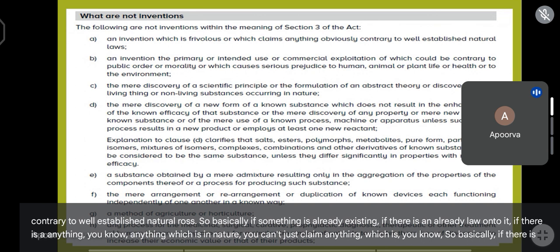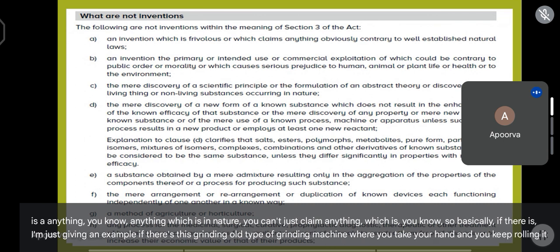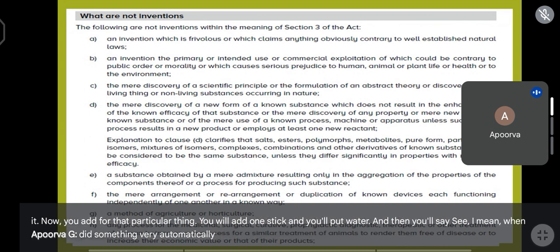I'm just giving you an example. If there's this old type of grinding machine where you take your hand and keep rolling it, now you add one stick and put water, and then you say, see, I've invented something where water will automatically go. Now that's not called an invention.